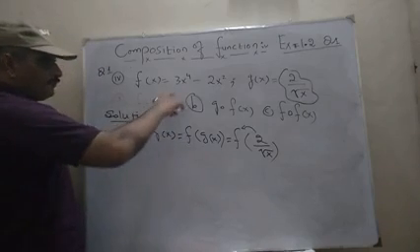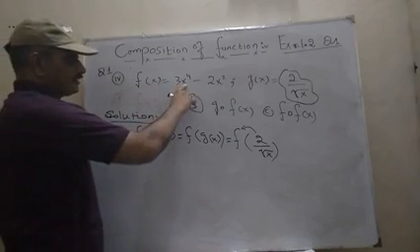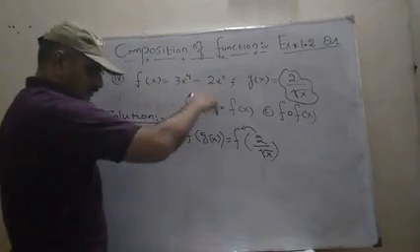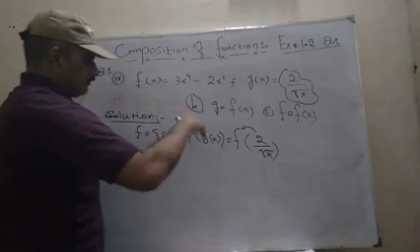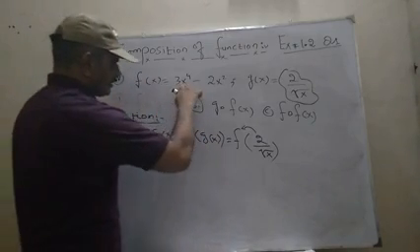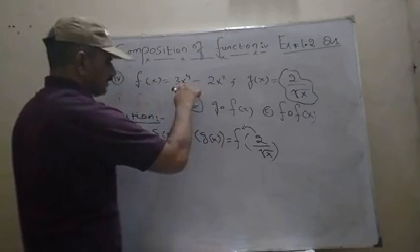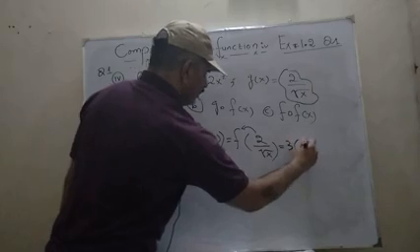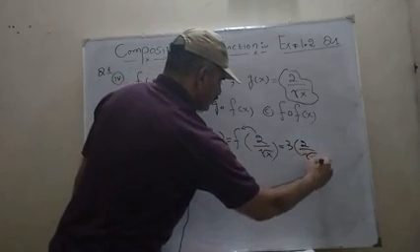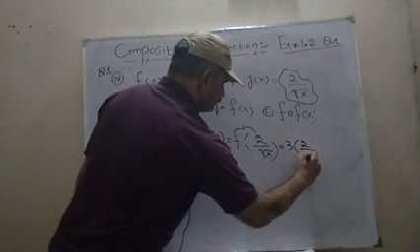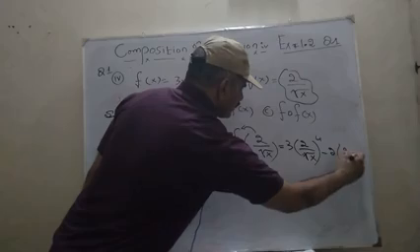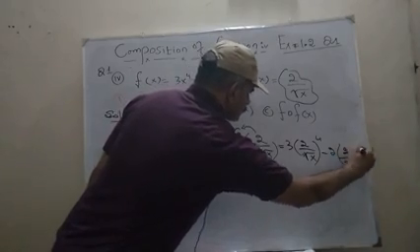in function f, where in place of x. Here we have 3x to the power 4 minus 2x squared. So we put the value of g of x in x to the power 4 and in x squared. What will be the value? 3 times 2 over under root x to the power 4, minus 2 times 2 over under root x squared.